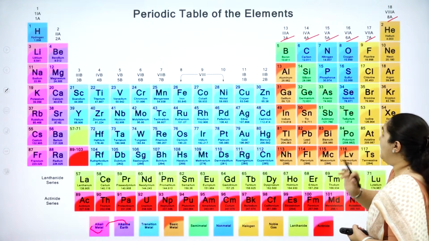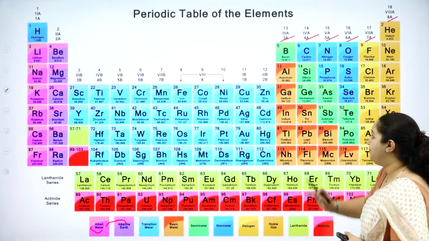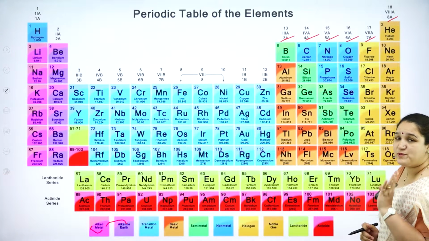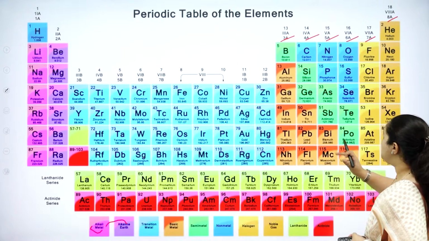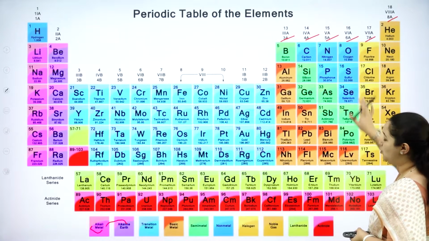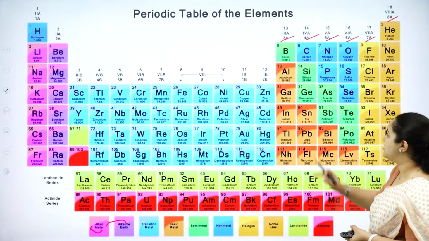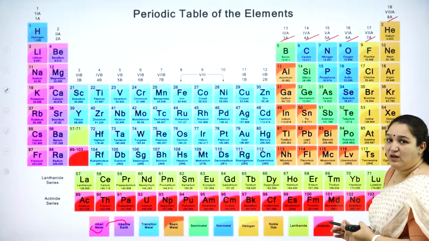Okay, groups 13 and 14 you have studied in your first PUC. Groups 15, 16, 17 and 18, 4 groups you are going to study in your second PUC. First you will study each group's physical properties and chemical properties, that is general, for the full group. What happens as we move down the group?